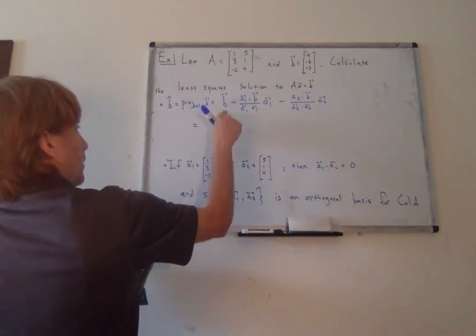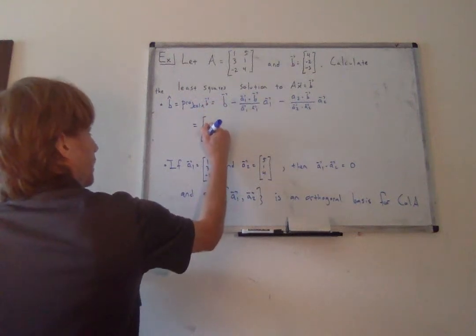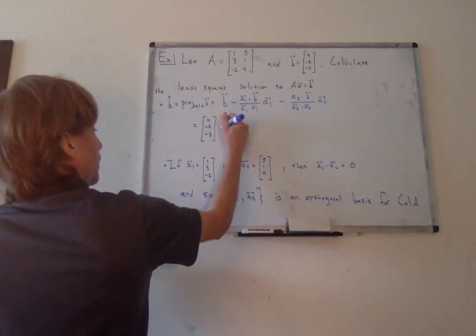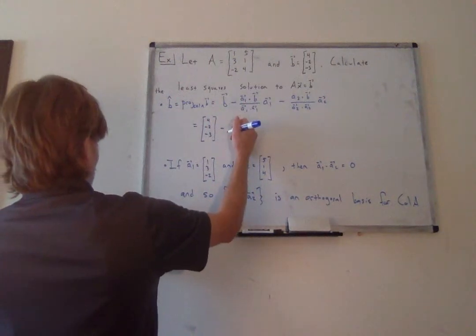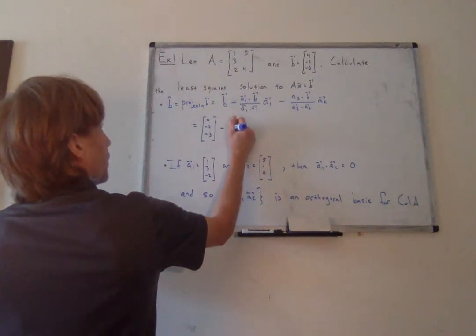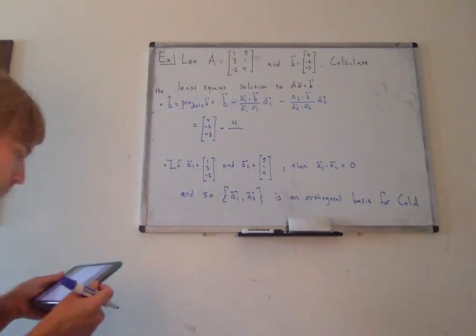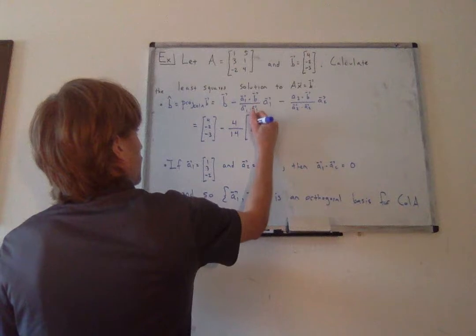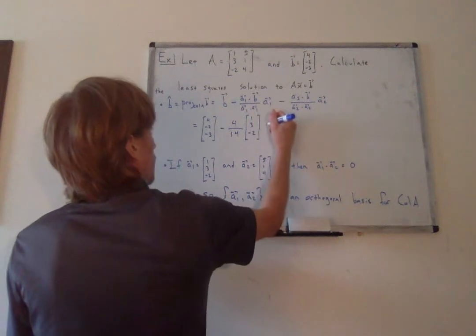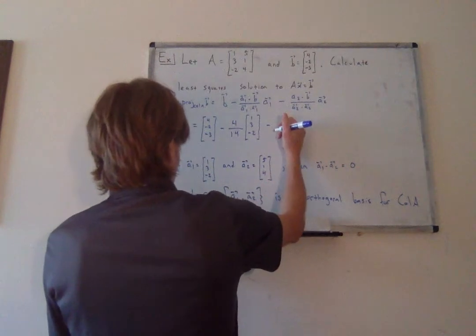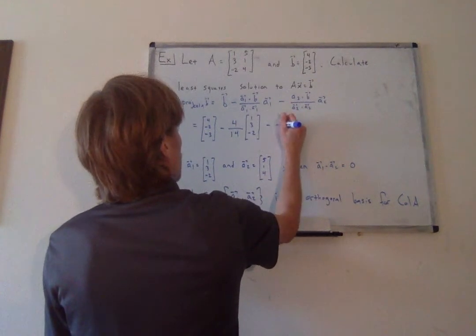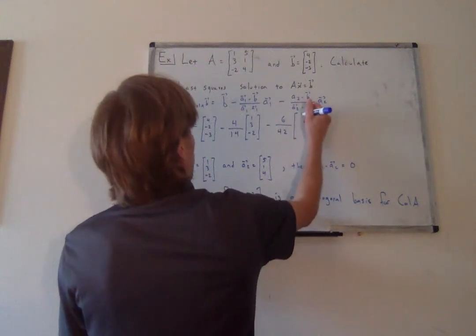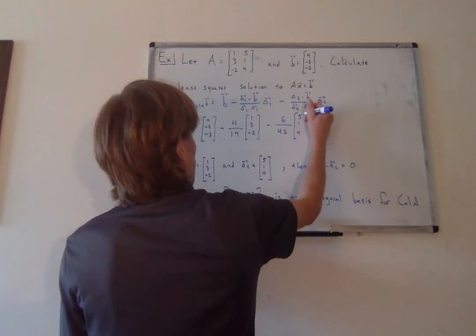Calculating this, we get the vector b, which is 4, -2, -3. a1 dot b is equal to 4, over a1 dot a1, which is equal to 14, times 1, 3, -2, plus a2 dot b, which is equal to 6, over a2 dot a2, which is equal to 42, times the vector 5, 1, 4.